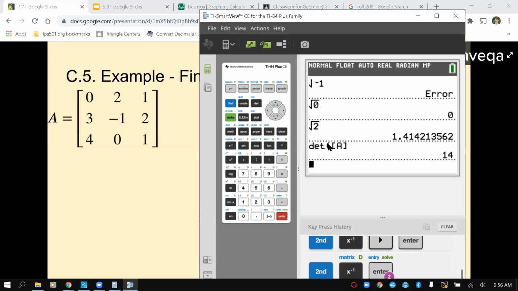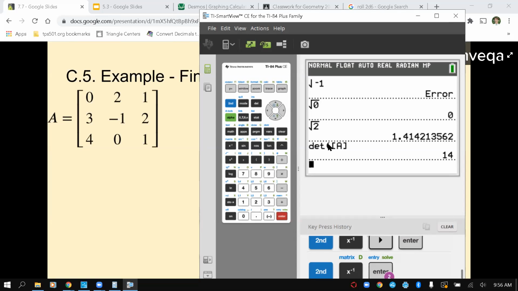So I pick this one. I need to find this one's cofactor. To find this one's cofactor, I take the determinant of the matrix created by eliminating its row and column. But that's a 3x3. So to find this one's cofactor, I need to find the determinant of this.